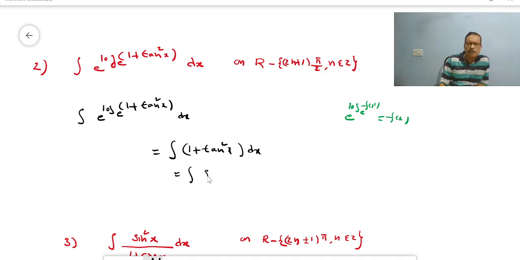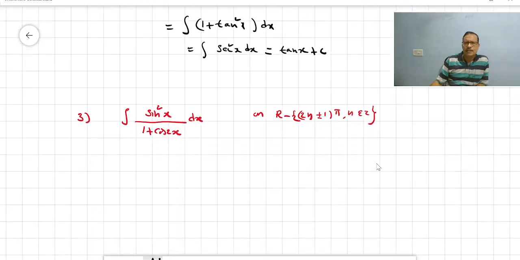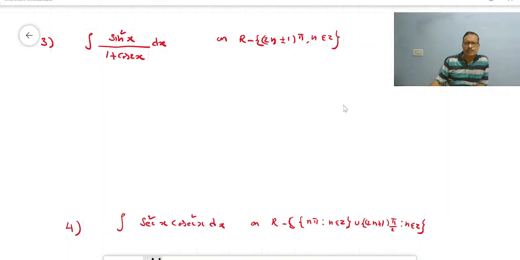That's equal to integral of secant² x dx. Very standard formula: integral of secant² x dx is tan x. So here we used the formula e power log f(x) base e is f(x), and integral of secant² x dx is tan x.